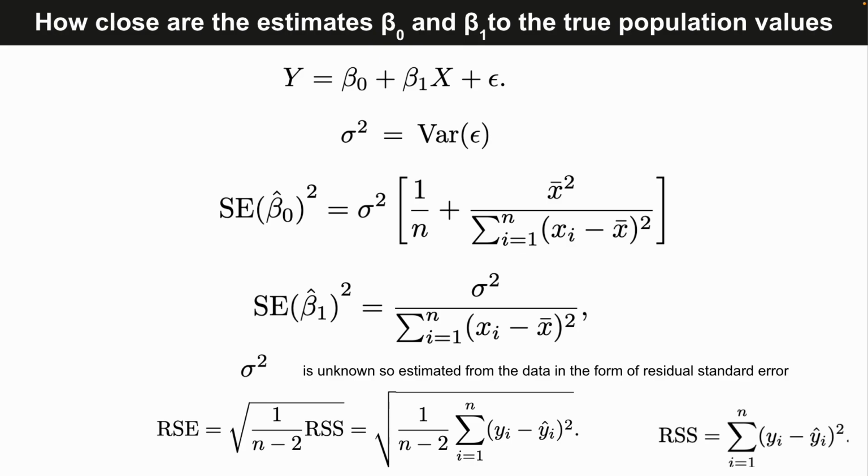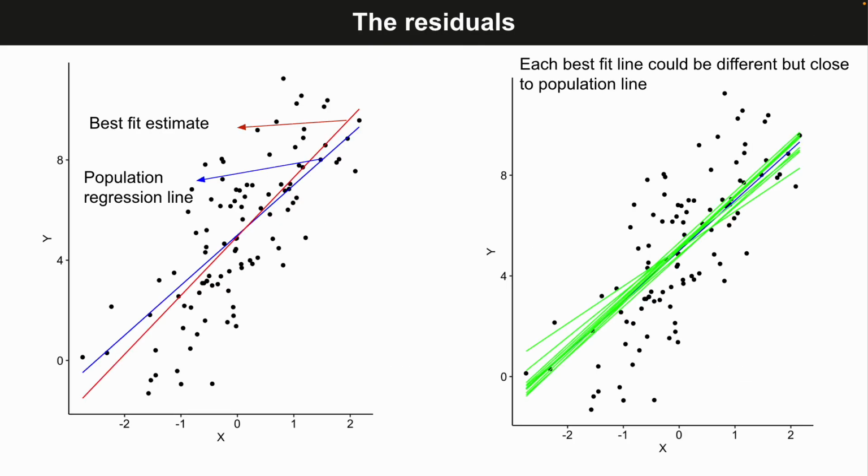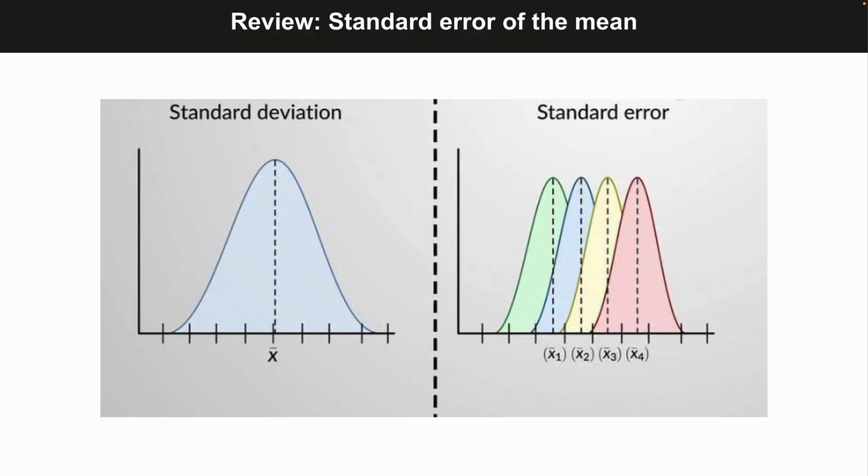We will come back to how to actually estimate these parameters, but this is a repeated slide. But you have probably seen the difference between standard deviation and standard error of the mean. What is standard error and how is it different from standard deviation? And what is the goal of standard errors?